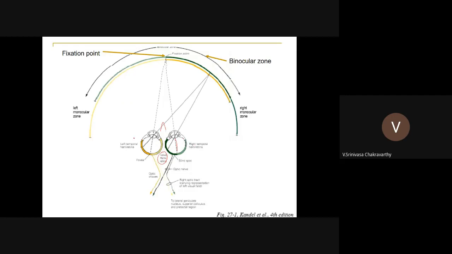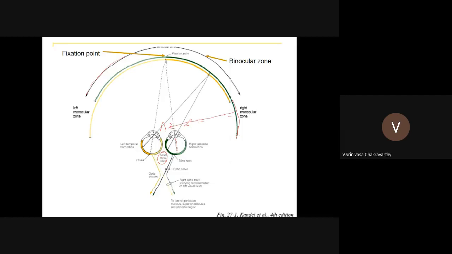Now, the black arc here is called the binocular zone, because light coming from this entire zone goes through both eyes. Whereas light coming from this zone, like this is the right monocular, that's one eye zone. This light cannot go into the left eye because the nose comes in the way.